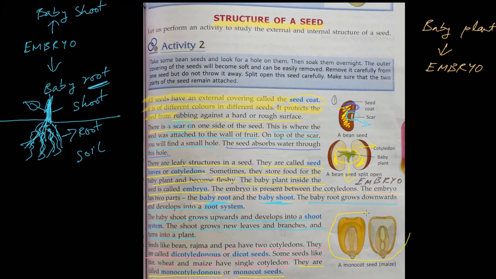This is maize, the corn that you eat in the field. It has only a single cotyledon, and this turns into its leaves. So seeds which have only a single cotyledon are called monocotyledonous or monocot seeds.